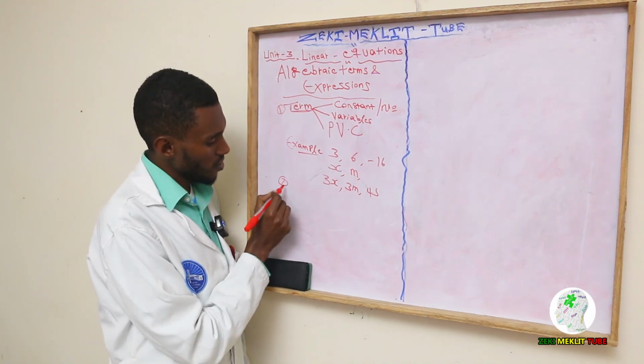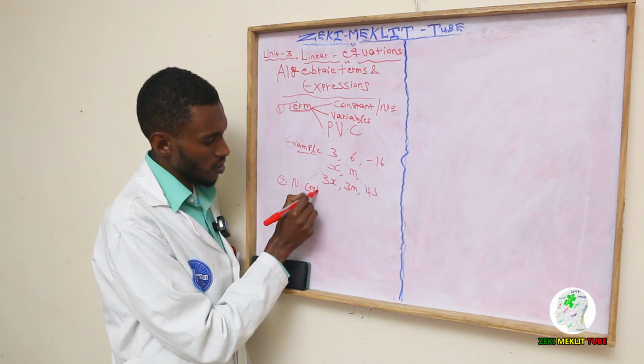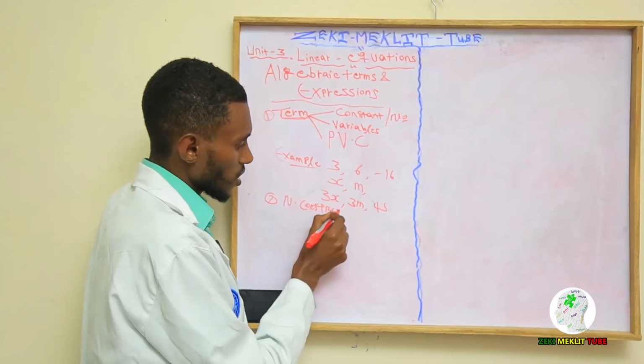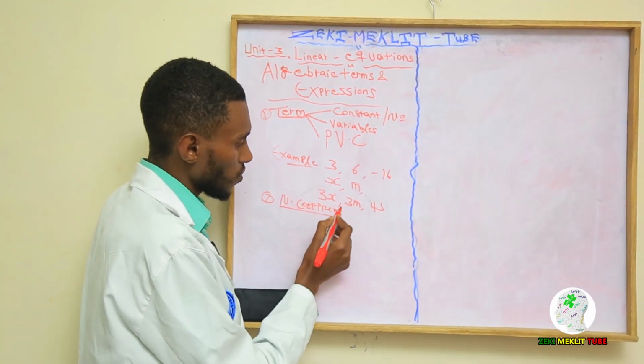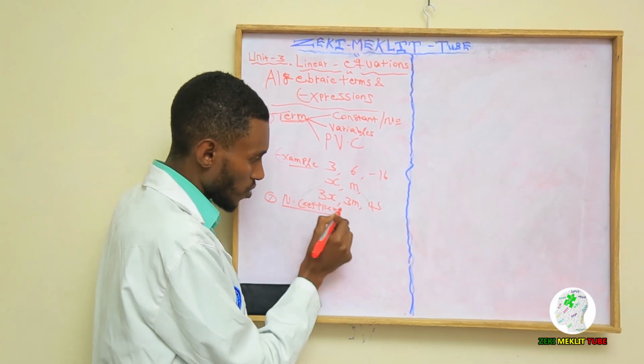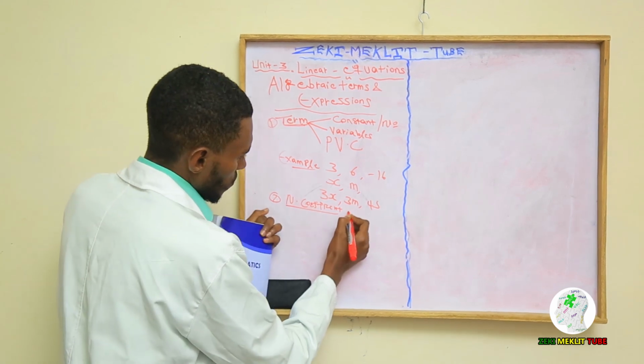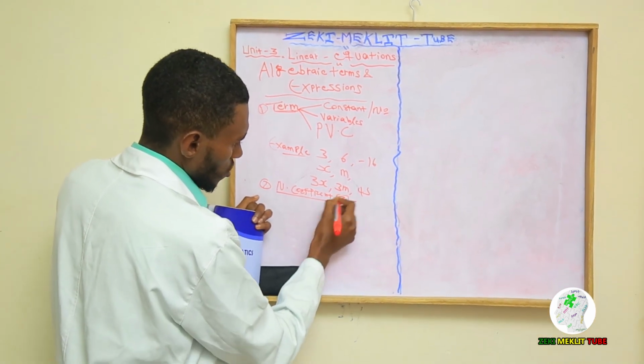The second one is numerical coefficient. Numerical coefficient means the number which is inside the product of number and variables. The number only we call numerical coefficient. For example, if it is 3x, 3 is the numerical coefficient.